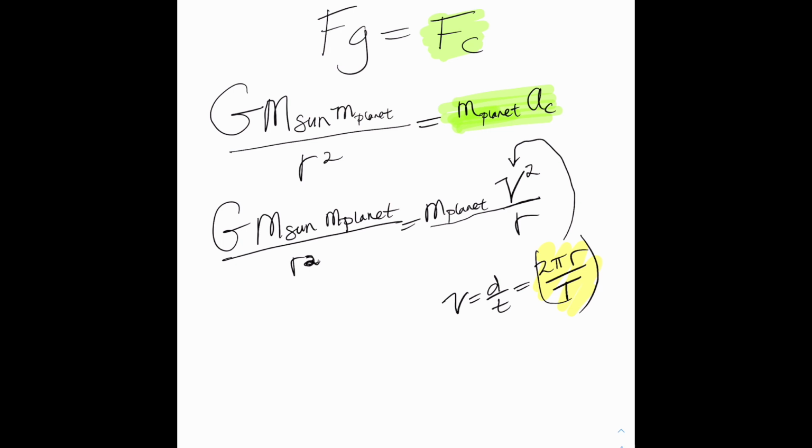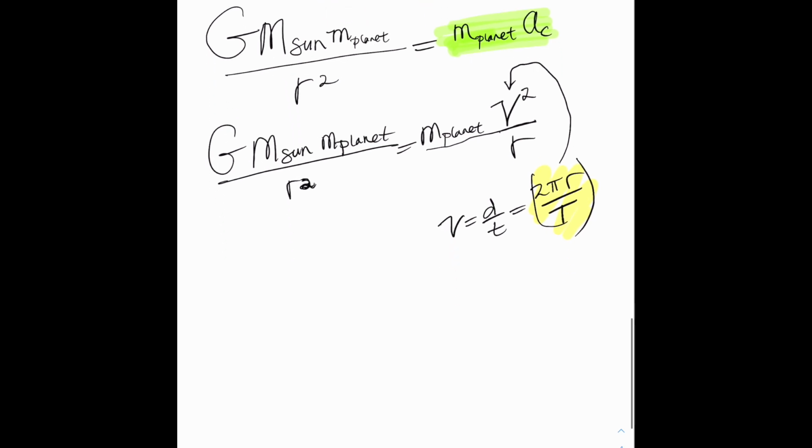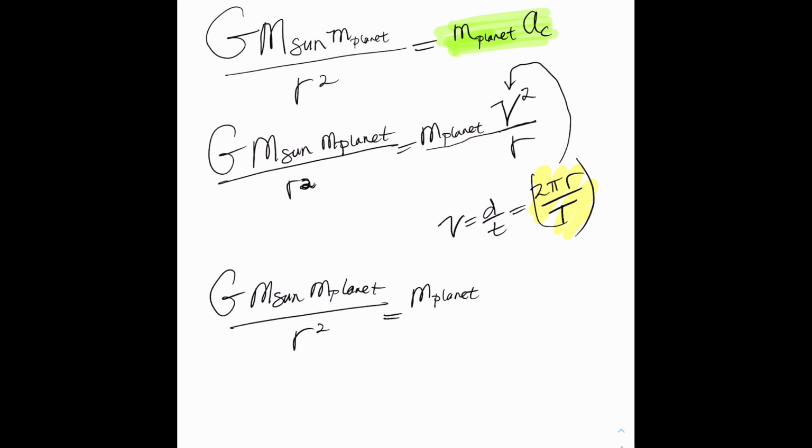Now, obviously, we're going to have to square that mess right there. So our formula now is going to look like this. All right, so 2 squared is 4, pi squared is pi squared, r squared is r squared.